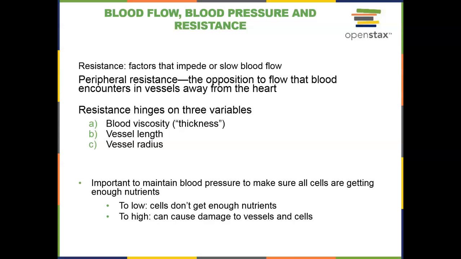If you have a large lumen, then you're going to have lower resistance. A lot more blood can flow through. But if that lumen is constricted, so something is causing blood vessels to constrict, that raises blood pressure so that blood can flow faster through, because it has to get through that smaller lumen.